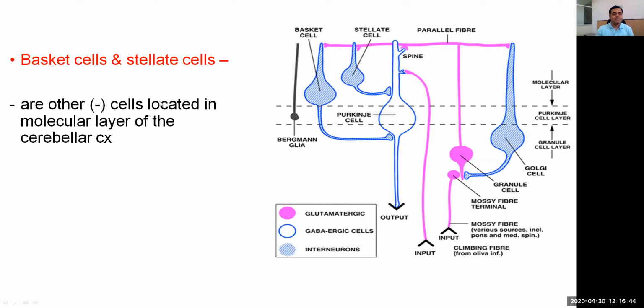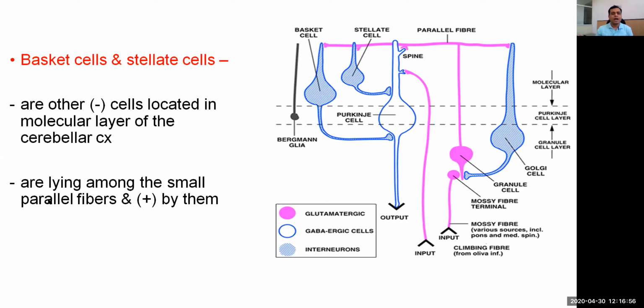Basket cell and stellate cell are other inhibitory cells located in the molecular layer of the cerebellar cortex. As we can see here, the basket cell and the stellate cell, which are located in the molecular layer, the superficial layer of the cerebellum, are lying among the small parallel fibers and stimulated by them.